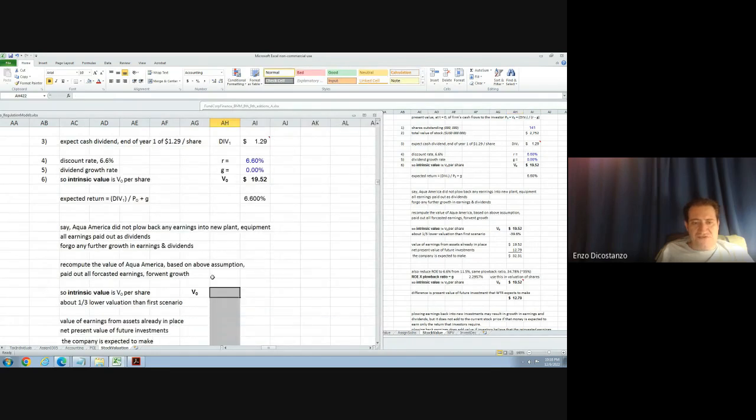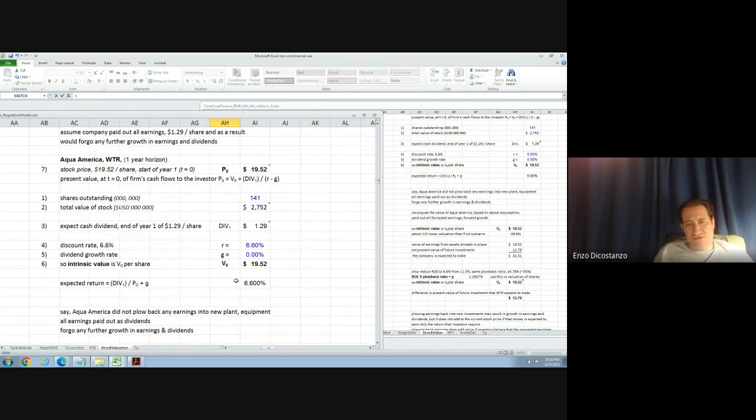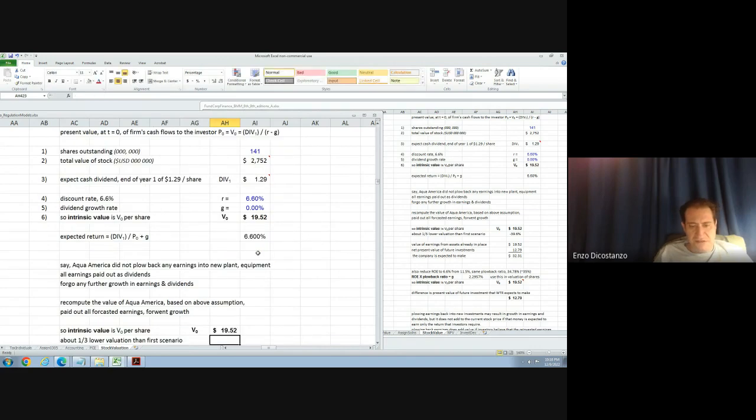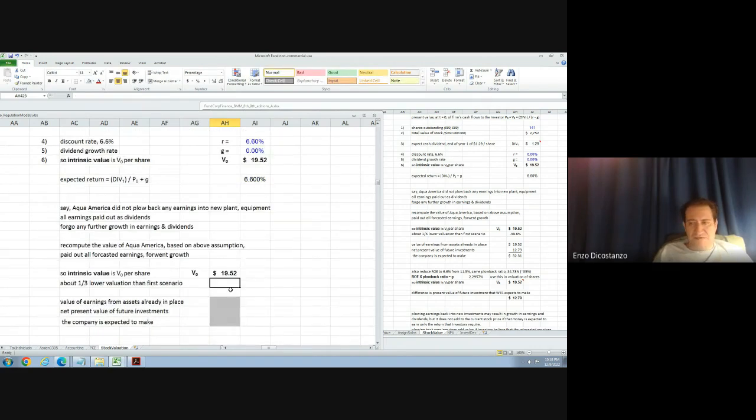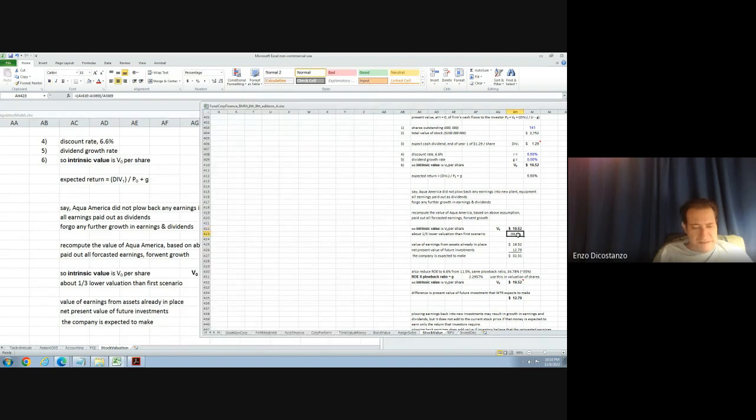The intrinsic value, we do another one of these intrinsic value calculations here. This is equal to dividend divided by 8 minus G.